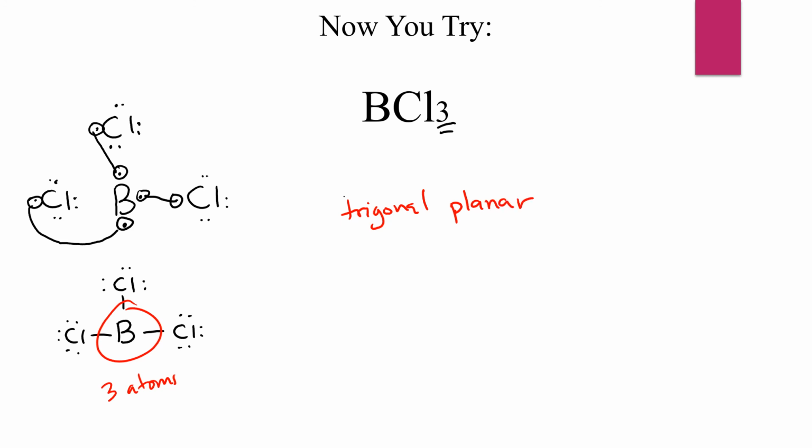I can draw it many ways, and the 2 ways that we have so far: B with Cl attached to it in the same plane, no popping out, no going into the paper. And I can also represent it as this model here.